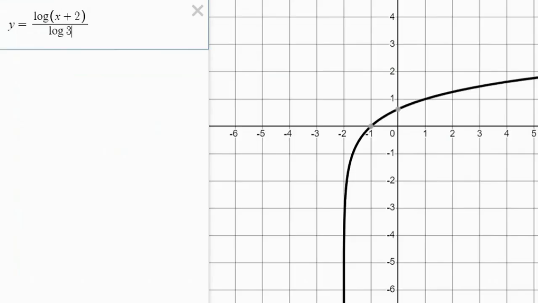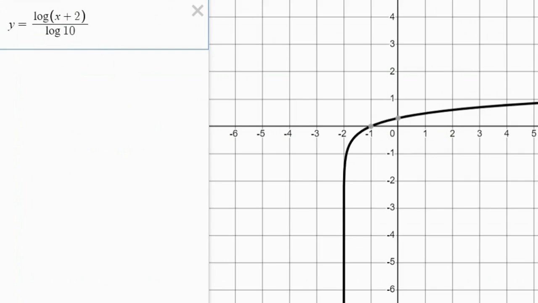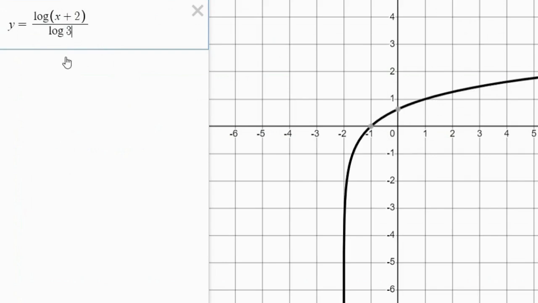So that's log base 3 of x plus 2. So look at that. It shifted left 2. Instead of crossing at 1, it crosses here. And it's higher off the x-axis because it's only base 3 instead of base 10, right? When it's base 10, we expect that kind of curve. But since this was base 3, it goes up here wider.